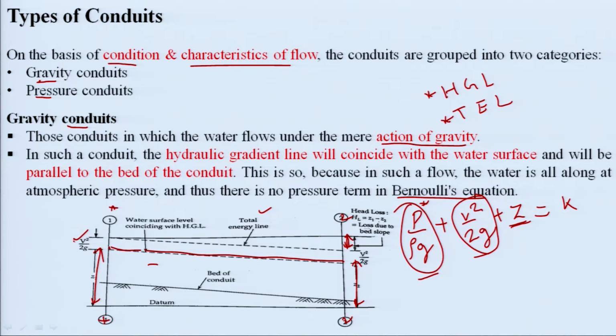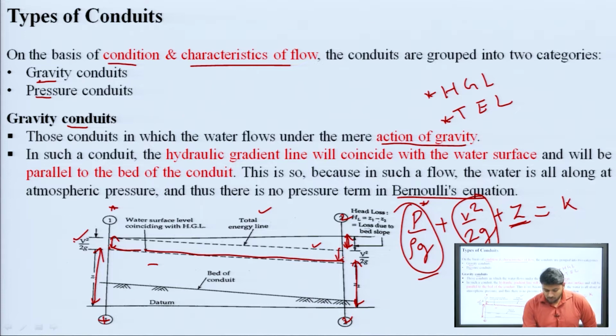Hence, the total energy line deviates from the straight line. So, in order to get the total energy line we have to add the velocity head, which at this point is V square by 2g and at this point is also V square by 2g. This can be represented as mentioned in the figure.